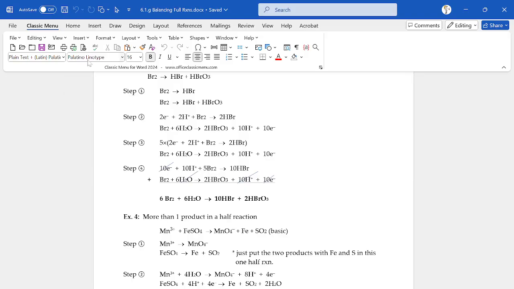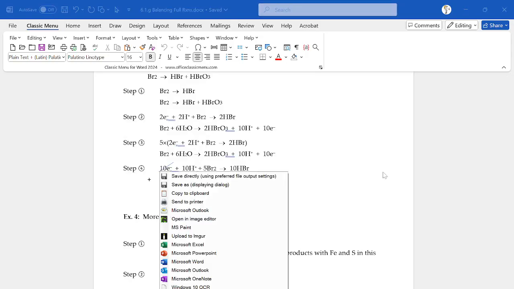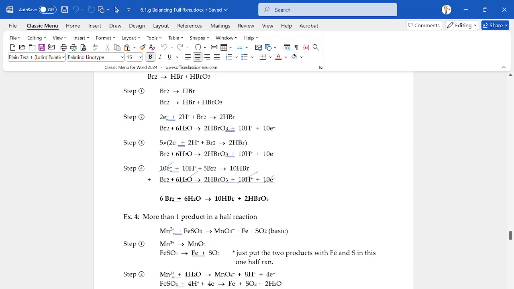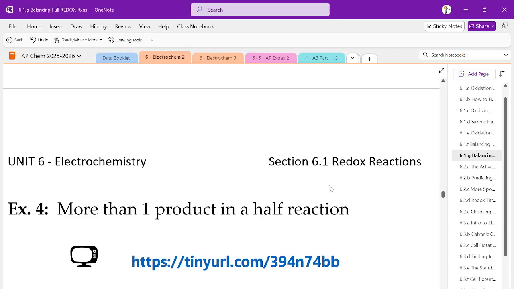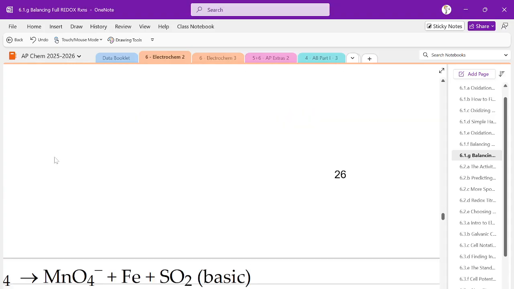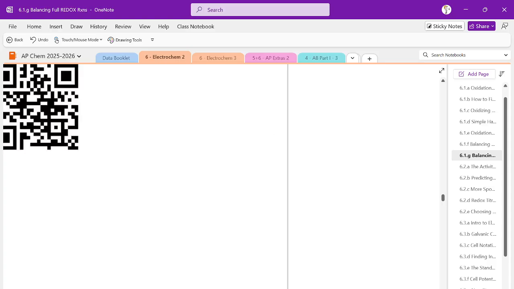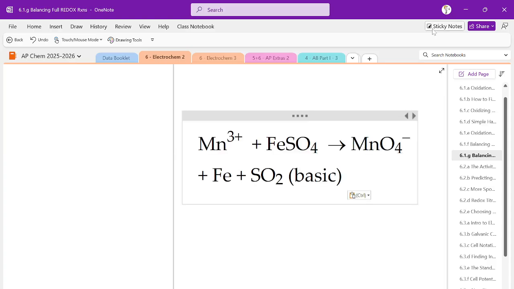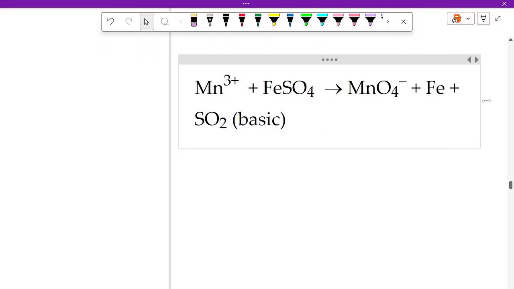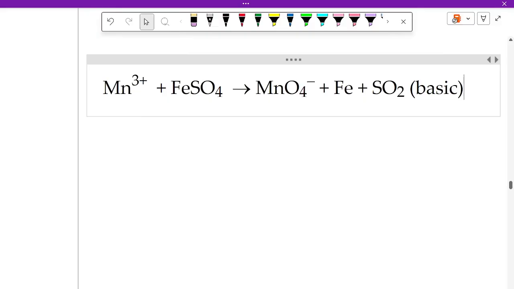Hang on a second. Control print screen. Copy to clipboard. Sure, whatever. That's okay. I'll make it work. Damn it. Okay. Now I just have to make this work within the confines of this stupid thing. There we go.